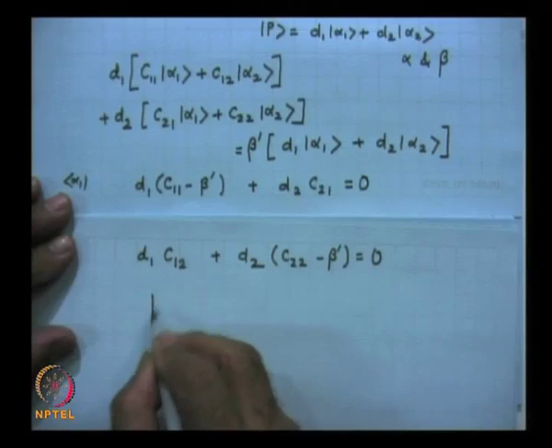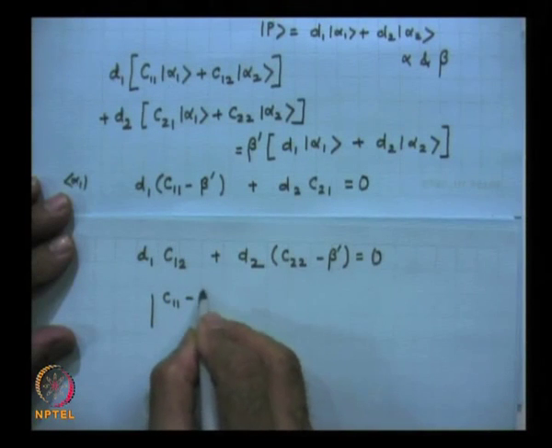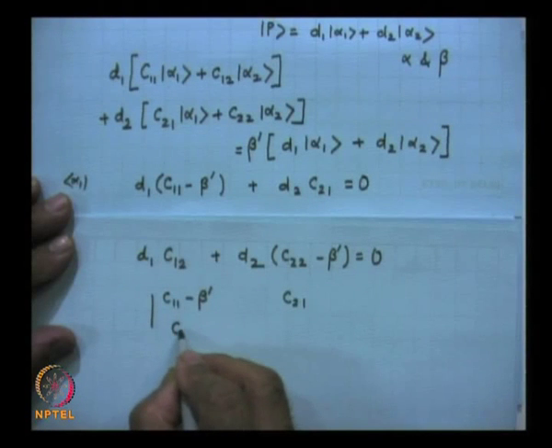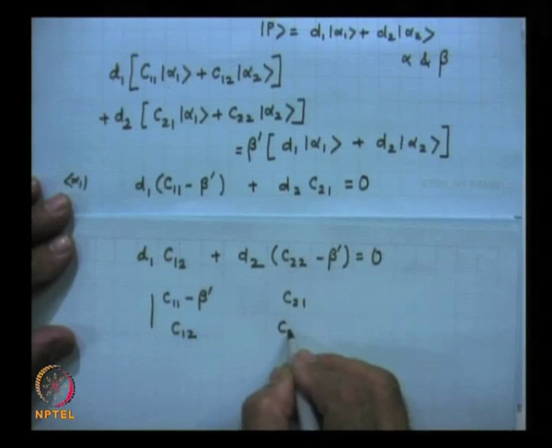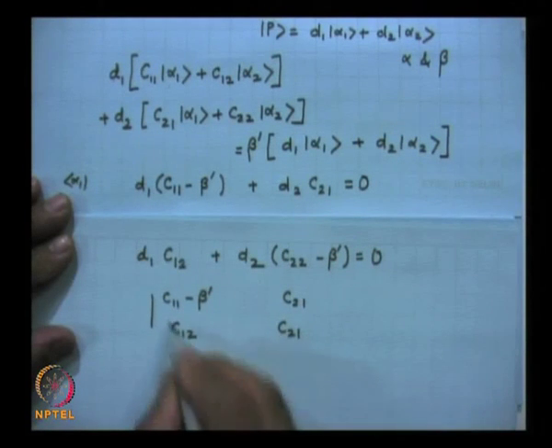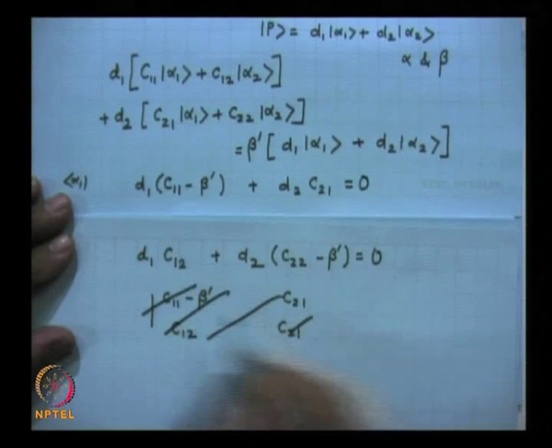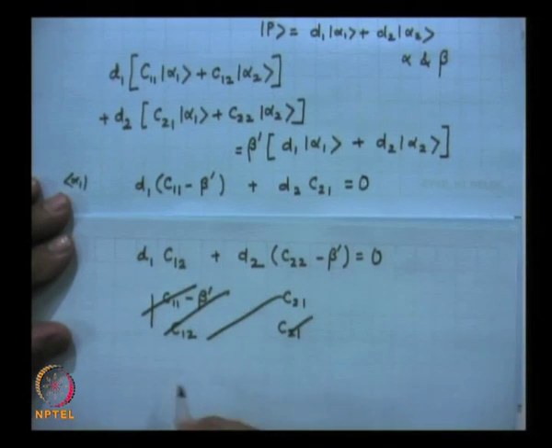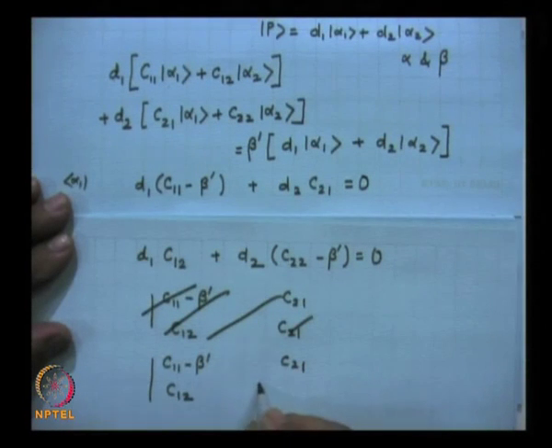So, we will have C11 minus beta prime, C21, C12, and then C22 minus beta prime.